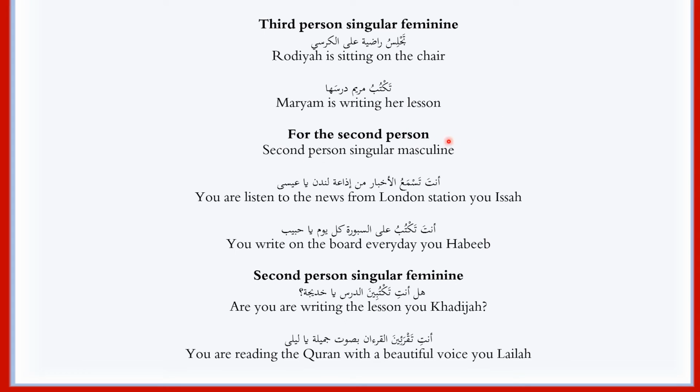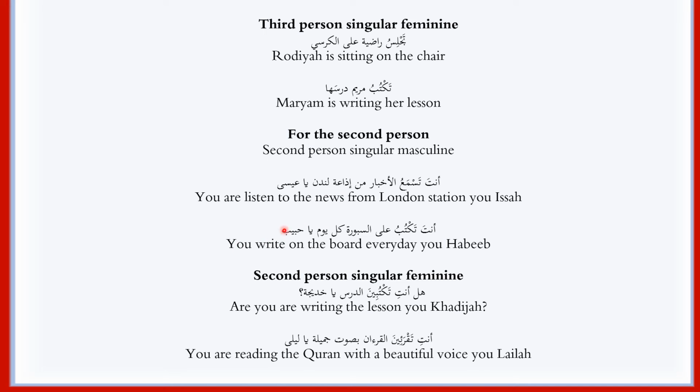For the second person singular masculine. أنت تسمع الأخبار من إذاعة لندن يا عيسى. You are listening to the news from London station, you Isa. أنت تكتب على السبورة كل يوم يا حبيب.